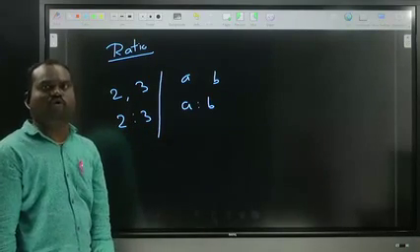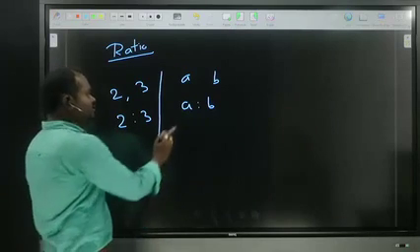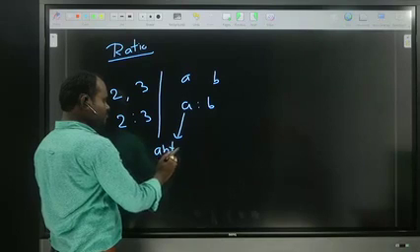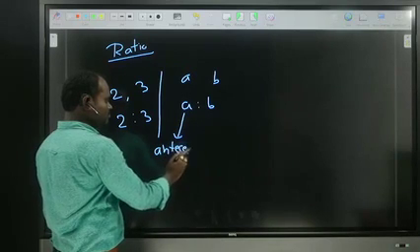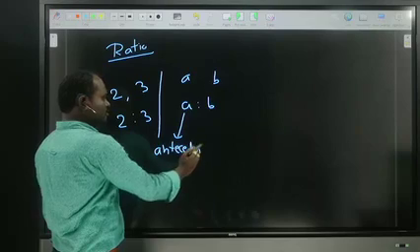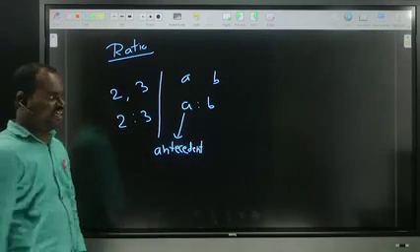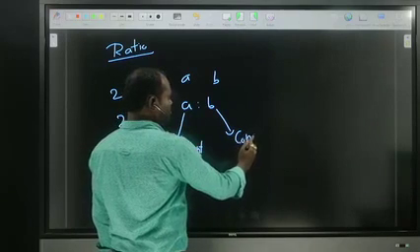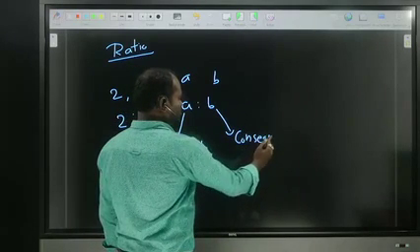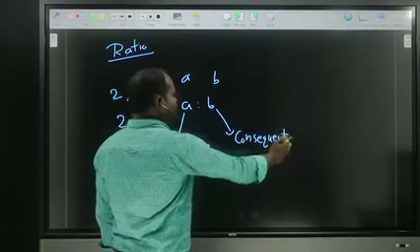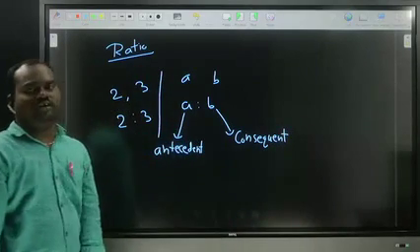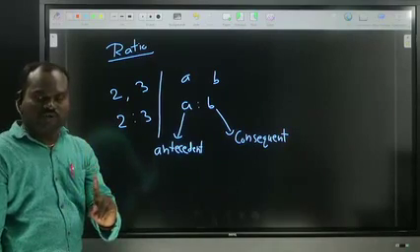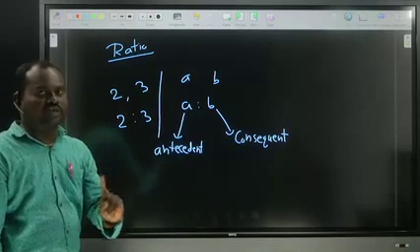Now here, the first term is called the antecedent. The second term is called the consequent. A and B ratio will be indicated as A is to B. First term is antecedent, second term is consequent.